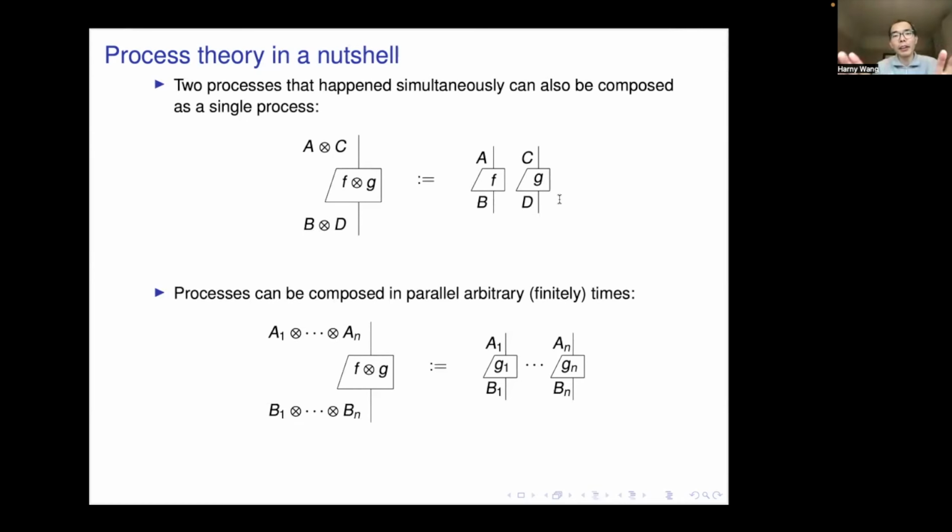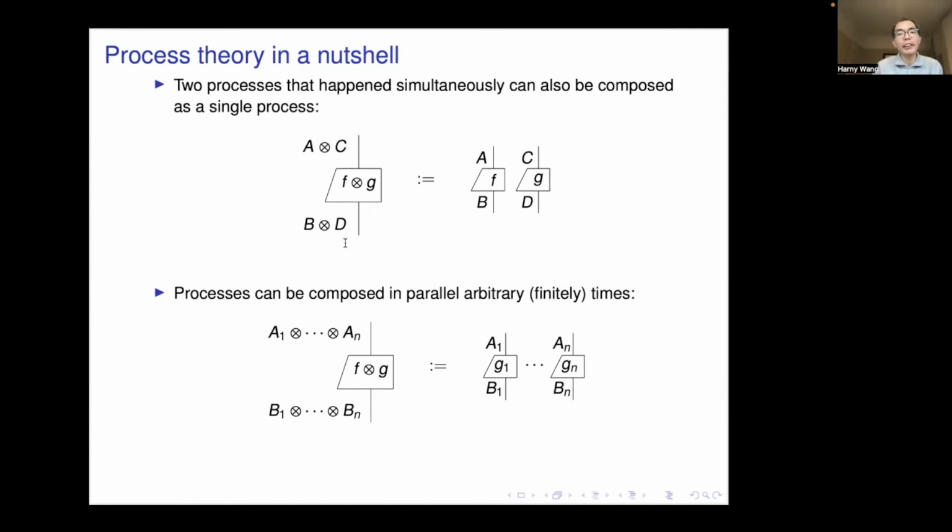I put these two boxes, which represent these two processes, side by side, and I can see this as another big process, which means at the same time, two things happen. For the types, I use a little circle with a multiplication X inside, which we read as tensor. So A tensor C to B tensor D. That's the whole process if they happen simultaneously.